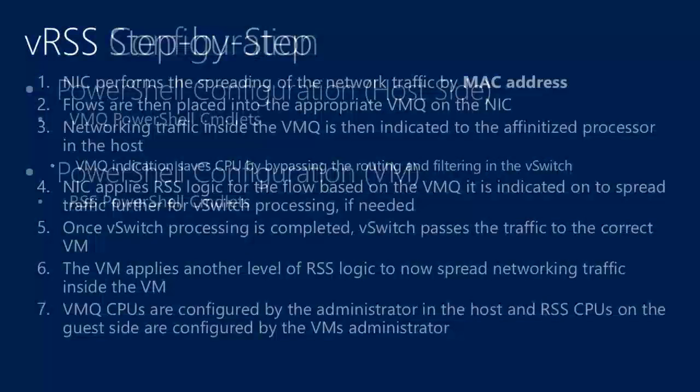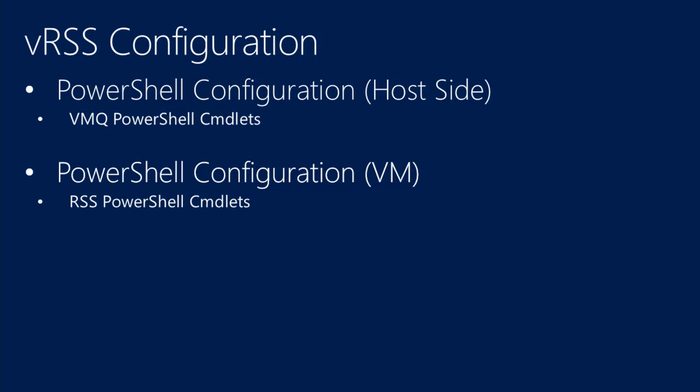So let me jump into a demo. The configuration for VRSS is somewhat complicated. Since we have both VMQ and RSS, you have to configure both, and you have to be aware of both. Because inside the VM, you're going to configure your box just like you would RSS normally on a physical box. Inside your host, you're going to configure VMQ just like you would normal VMQ.